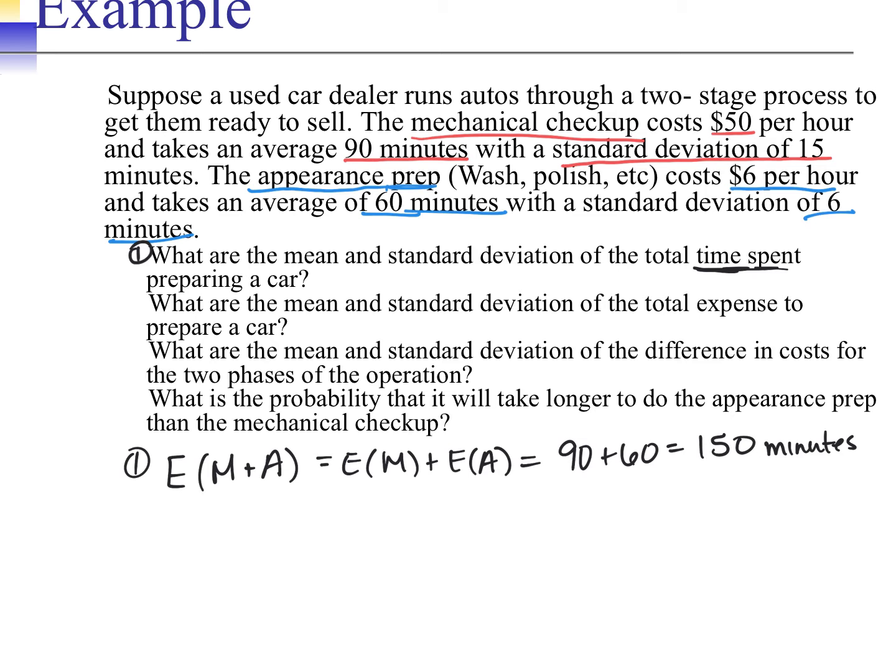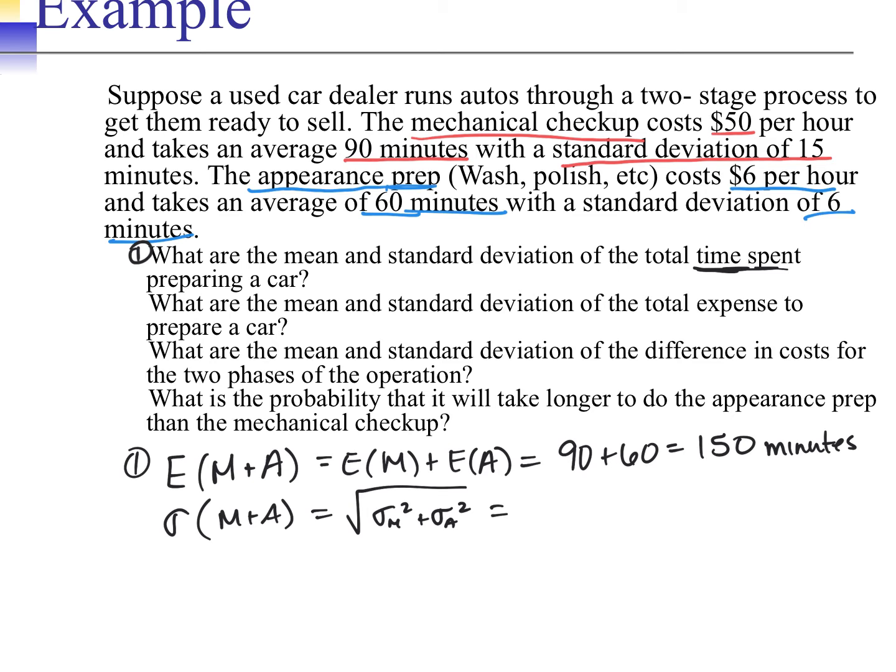Standard deviation, we said yesterday, the standard deviation of M plus A is equal to the square root of sigma M squared plus sigma A squared. It's the variances that add, so I have to square the standard deviations to add them, and then I can take the square root to get back to standard deviation.